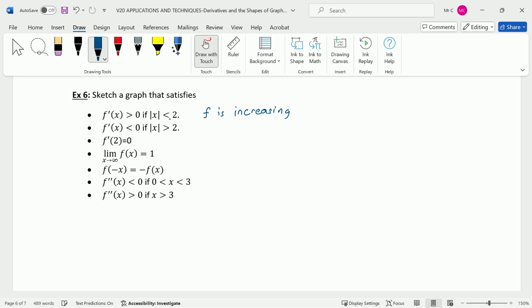And if the absolute value of x is less than 2, that means x is between negative 2 and 2. And f prime is negative, means f is decreasing. If the absolute value of x is bigger than 2, that means all of the cases that aren't covered by x being between negative 2 and 2. So in other words, when x is bigger than 2 or x is less than negative 2.